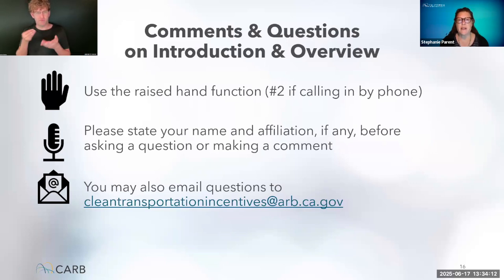So yes, HVIP would be receiving that $132 million. And then as far as the amounts for the $17 million going to the Clean Cars for All, again, it's $11.6 million going to the San Joaquin Valley Air District and $7.1 million going to the Bay Area Air District.